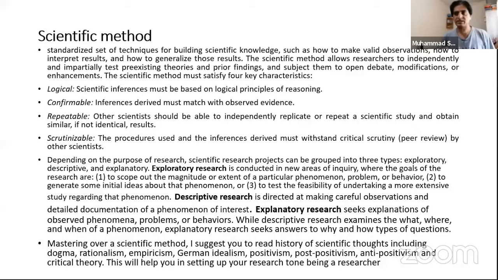These are the questions addressed in descriptive research, which start from what, where, and when of a phenomenon. Explanatory research seeks answers to why and how types of research questions. When you are applying the words why and how in your research question, it means you are going to use explanatory research for your research.